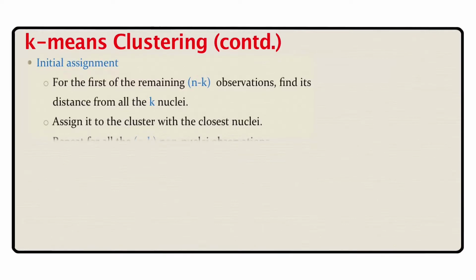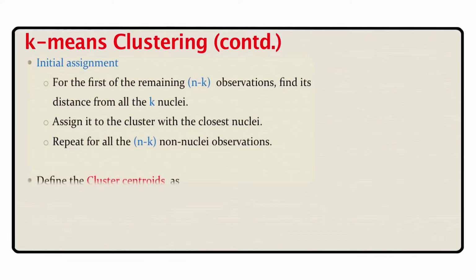If it has the smallest distance from a particular nucleus among the k, then you place it in that particular cluster. So one by one we place each of these n minus k observations into its closest cluster, in the sense that it has the closest distance from its nucleus.